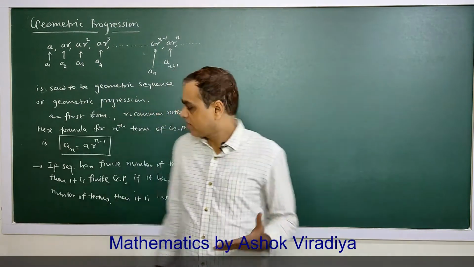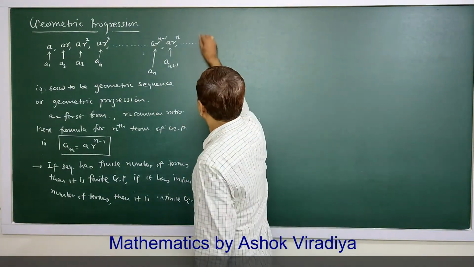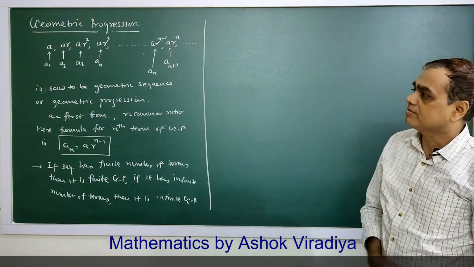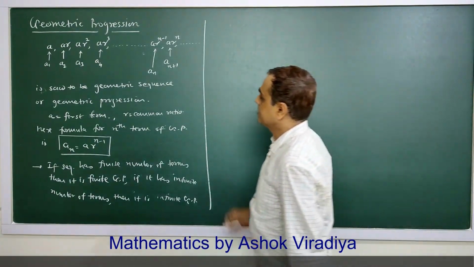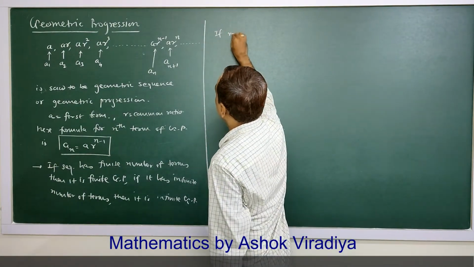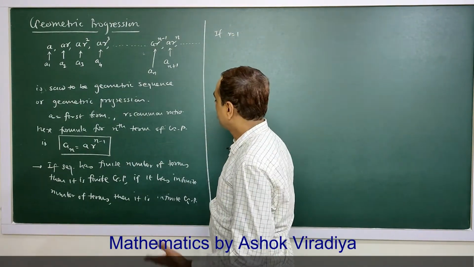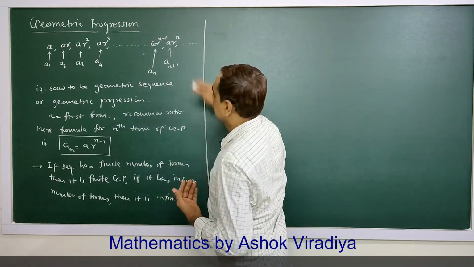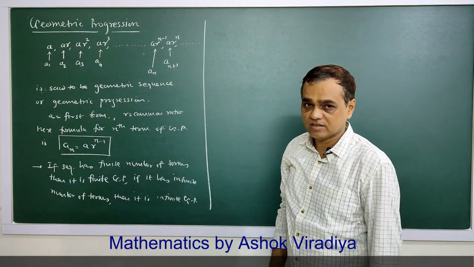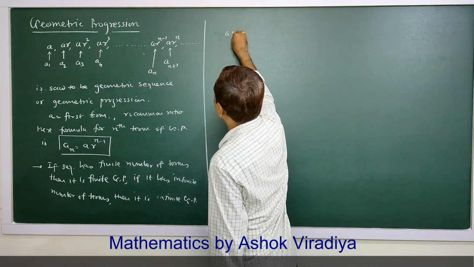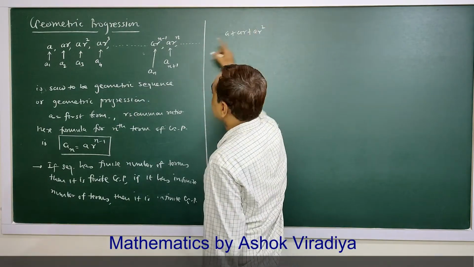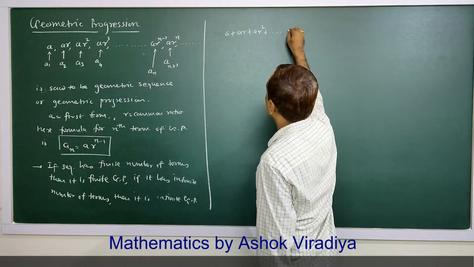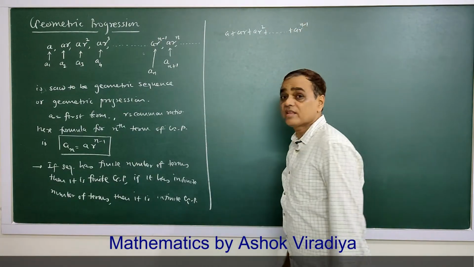Now look, here now formula for sum of n terms of this GP. Let us take first a series, geometric series. So see, if we take a plus ar plus ar square plus ar cube, means taking sum of these numbers, up to this n plus 1th term.